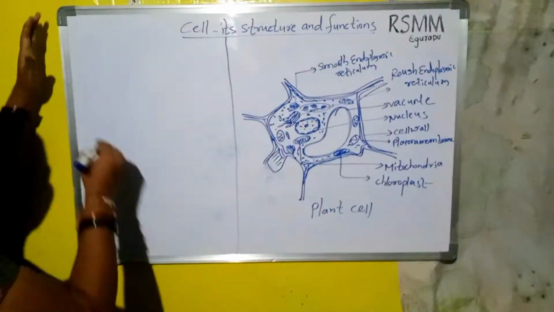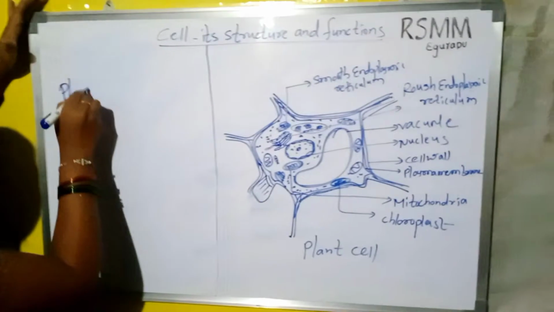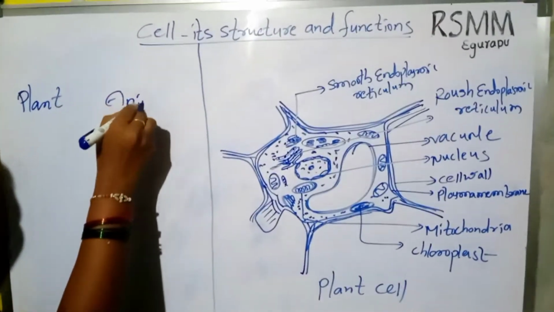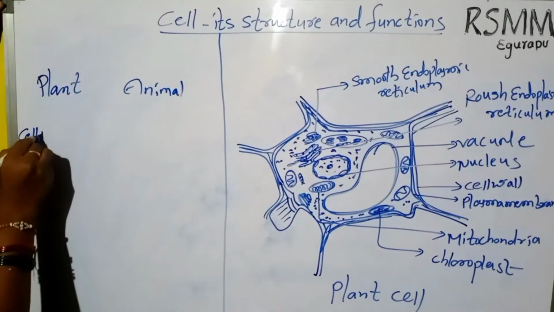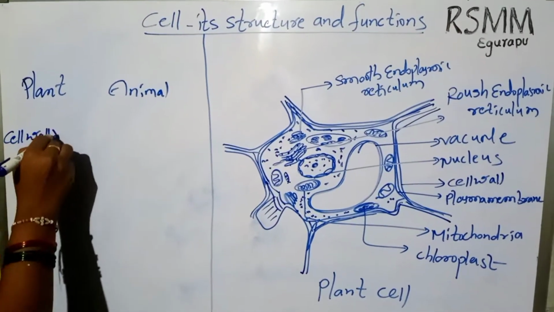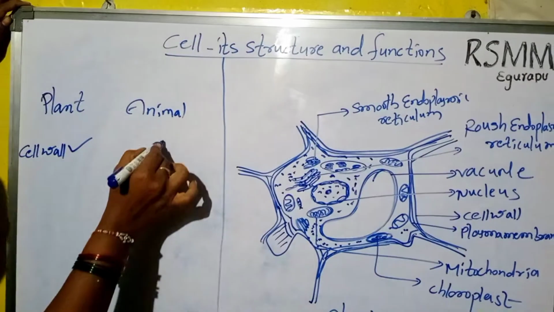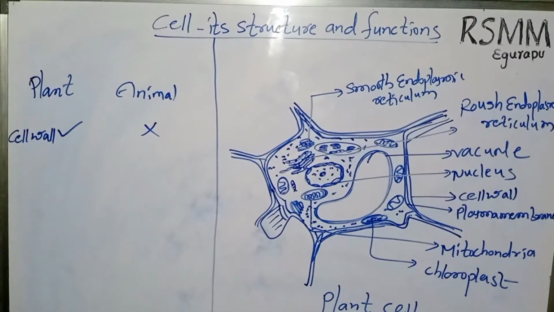See here, plant cell and animal cell. Cell wall is present in plant cell and absent in animal cell.